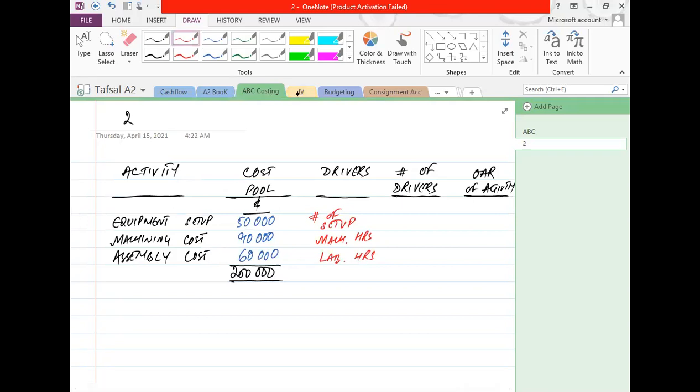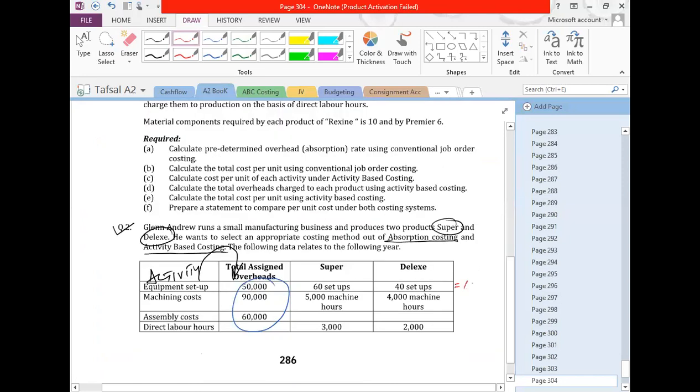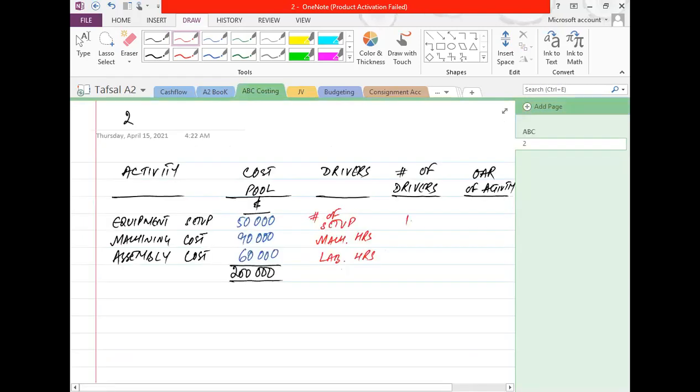The total, I need the total. That is 100, 9,000 and 5,000.